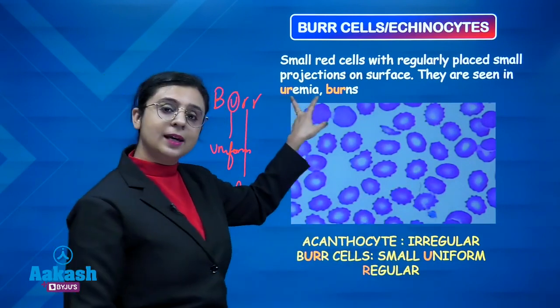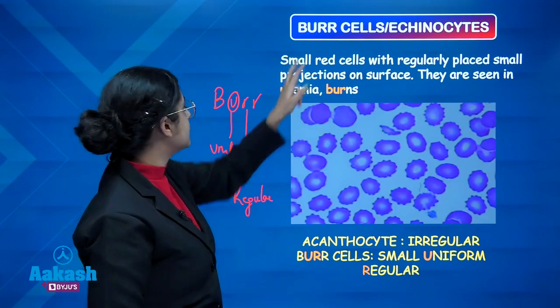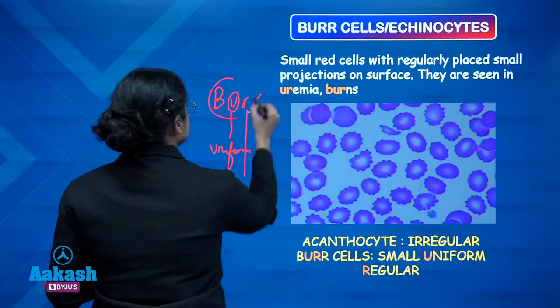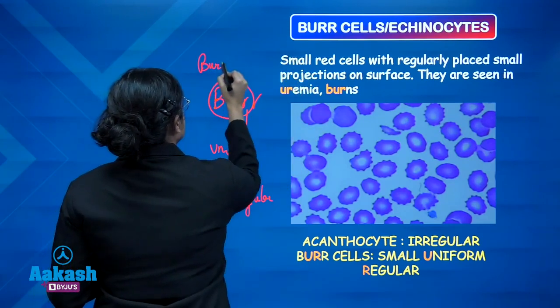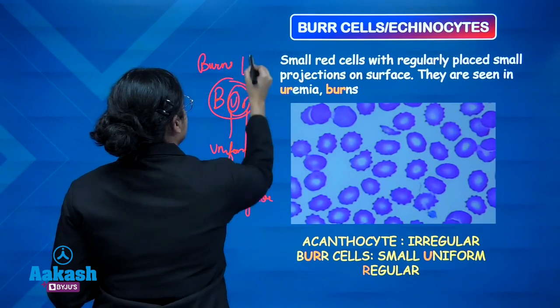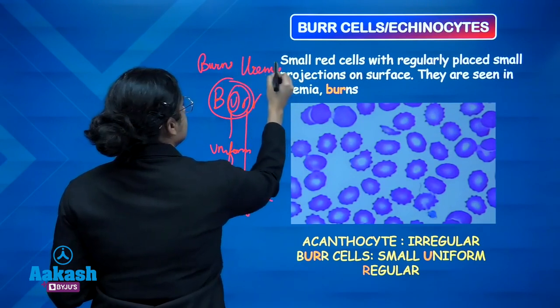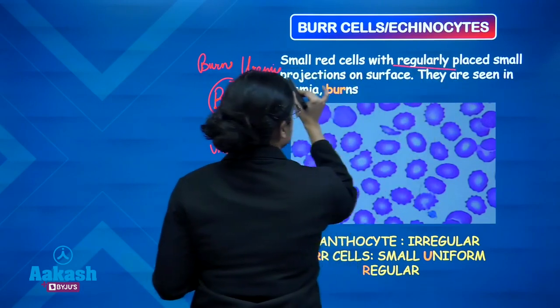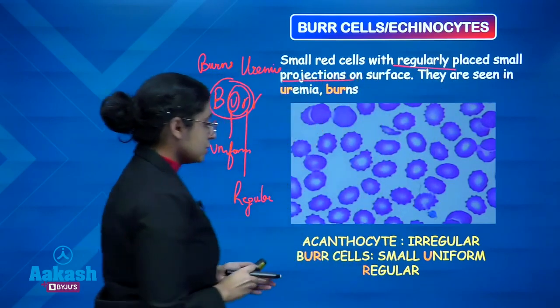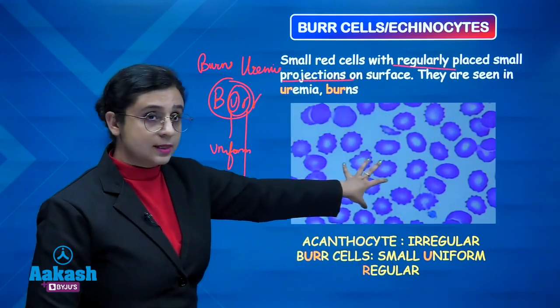Next you have to remember again a very simple mnemonic, students. Burr cells, found in case of burns and uremia. So these are regularly placed projections, uniformly placed projections at regular intervals, Burr cells, right?